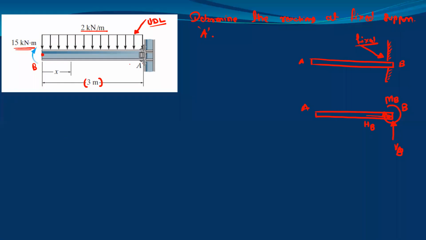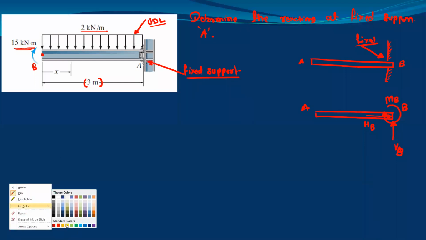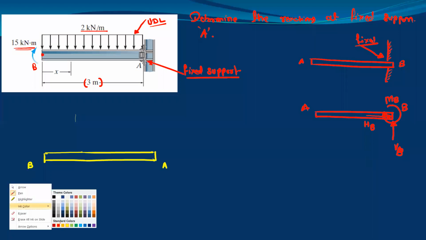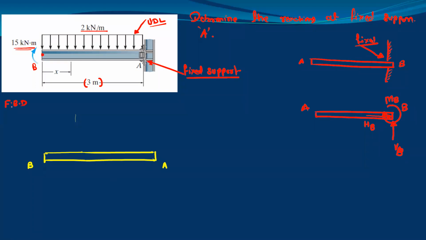For the free body diagram, just draw the beam AB. This is your fixed point, the fixed support. For the free body diagram, we have to draw the beam AB as it is.